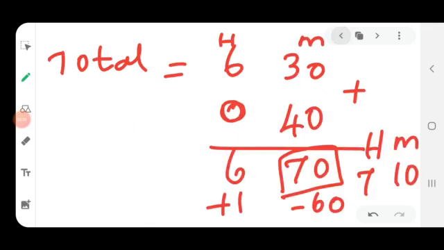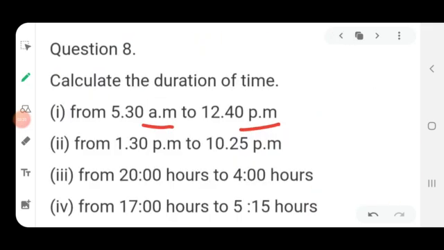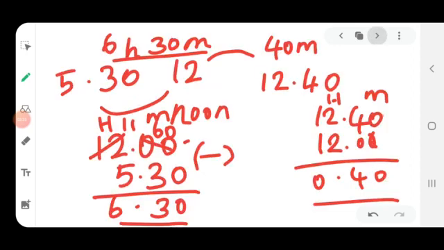Clear? Again I am repeating: if it is am to pm, we have to divide this into 2 sessions, before 12 noon and after 12 noon. From 5:30 to 12 noon, the duration is calculated by 12 minus 5:30, which is 6:30.